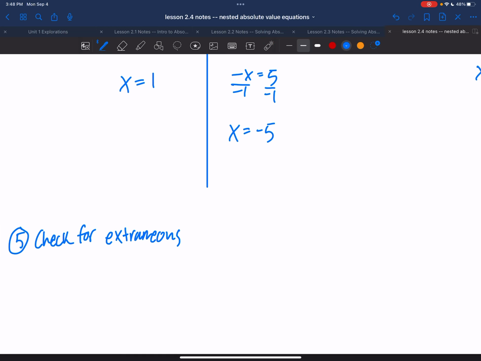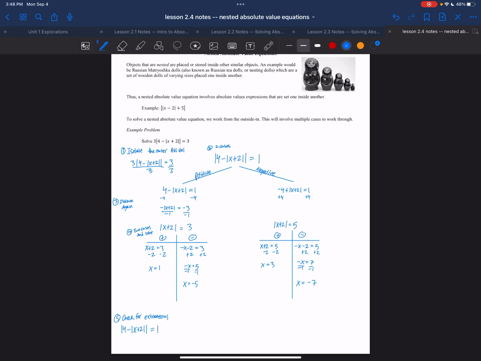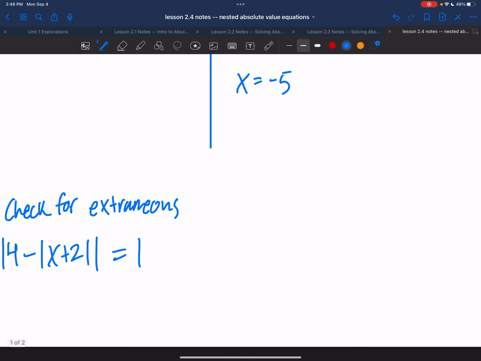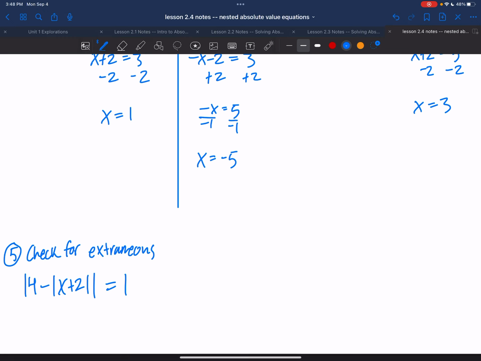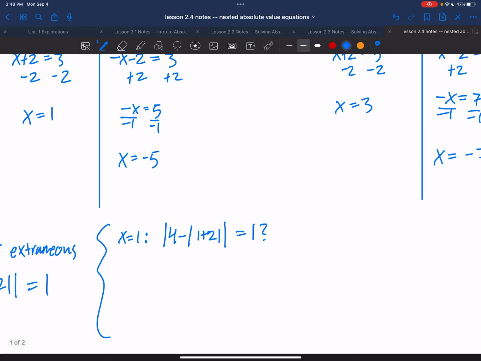So absolute value of 4 minus x plus 2 equals 1. That's what we're testing. So we'll test 4 answers. x equals 1. Well, that's 4 minus the absolute value of 1 plus 2. Does this equal 1?